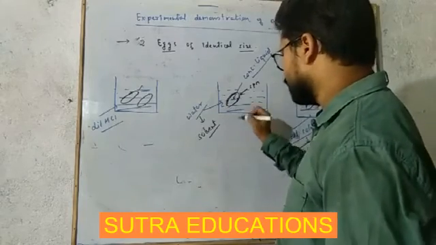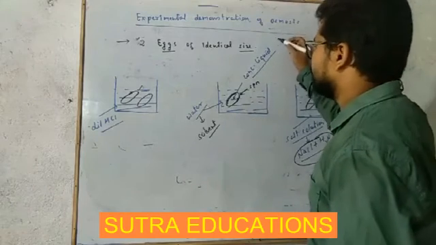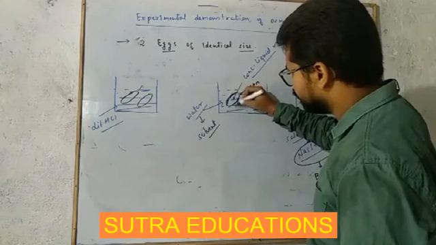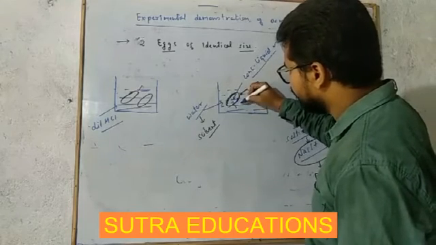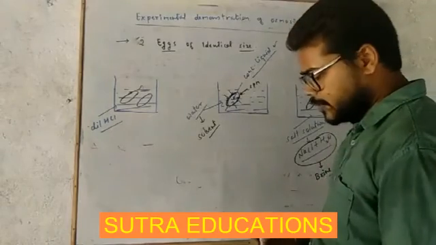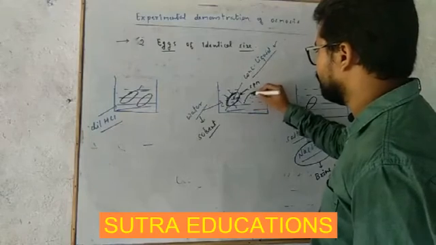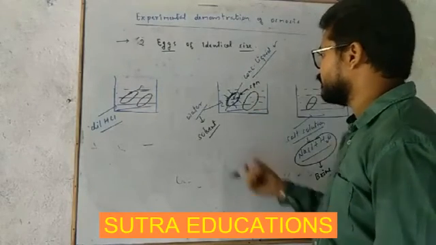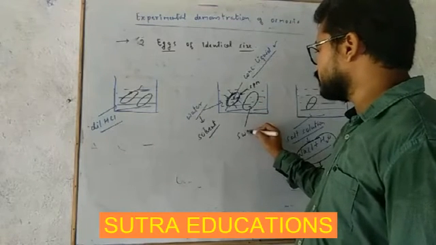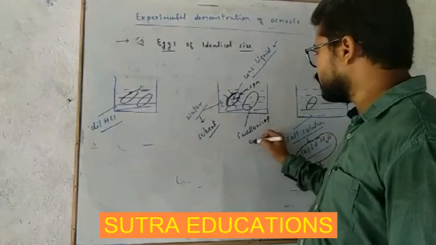Water is lower concentrated, and this liquid has higher concentration. So through this SPM, water will enter the egg. Due to this, you will see the size of the egg grow, means swelling will occur. Swelling of egg.